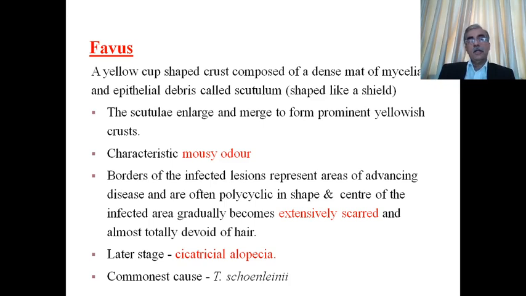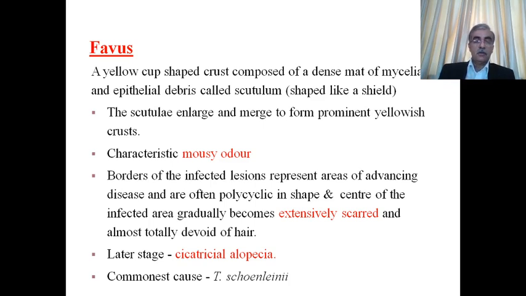These scutula enlarge and merge to form prominent yellowish crust characterized by mousy odor. So the smell is very bad. Borders of the infected lesion represent areas of advancing disease and are often polycyclic in shape, and the center of the infected area gradually becomes extensively scarred. So this was another type of scarring alopecia, and almost devoid of hair. So it has to be treated properly, diagnosed properly, to avoid future complications of the scarring alopecia.